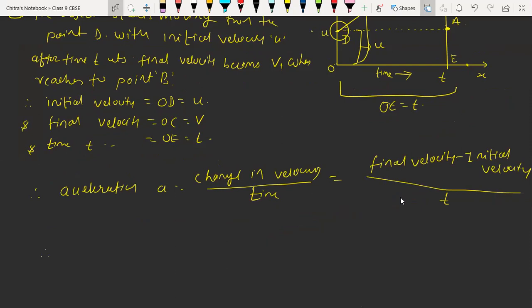So a equals, final velocity is v, then minus sign, then initial velocity u, divided by time t. I'm cross multiplying, transferring t to the other side. t is in divide form, so when we transfer it, it will go in multiply form.